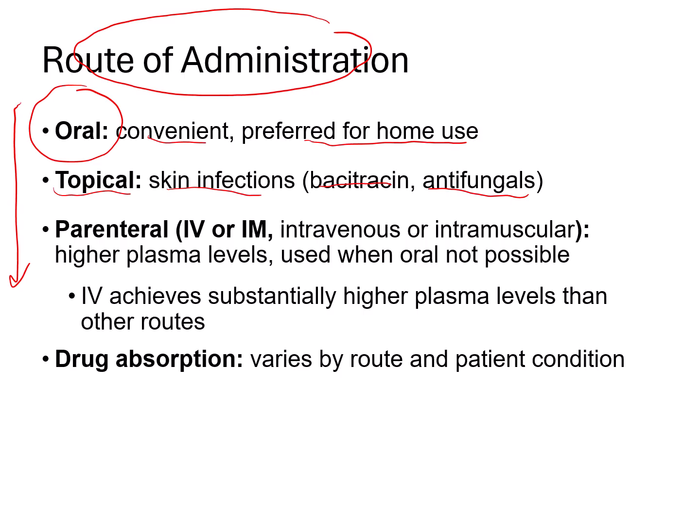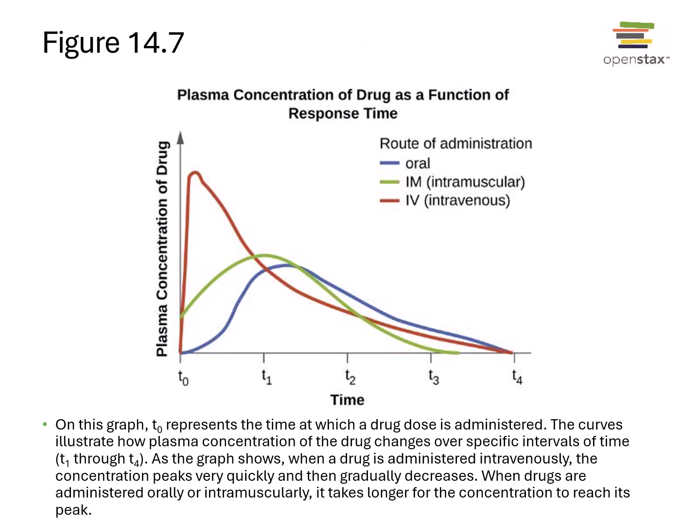We also have parenteral routes, such as intravenous or intramuscular. These deliver drugs directly into the bloodstream for rapid, high concentrations, which is often necessary for severe infections. In this graph, we can see on the y-axis the plasma concentration of the drug, and on the x-axis we have time, where time 0 is the time at which the drug dose was administered.